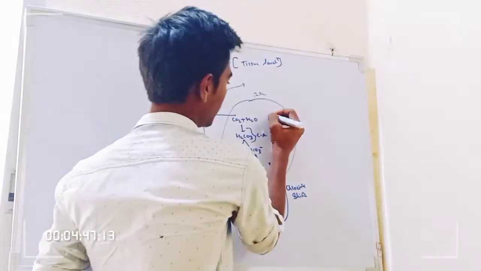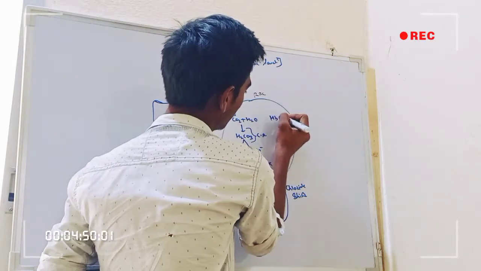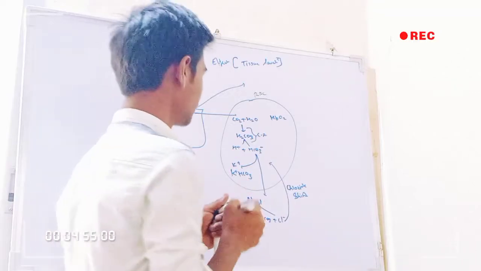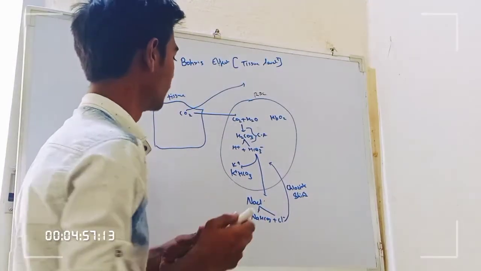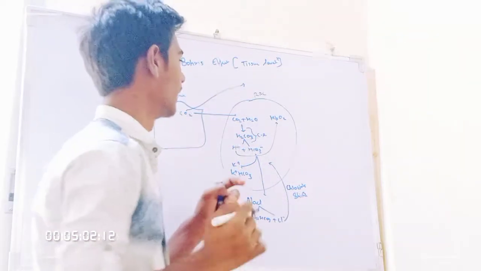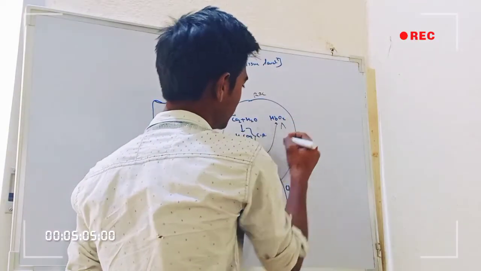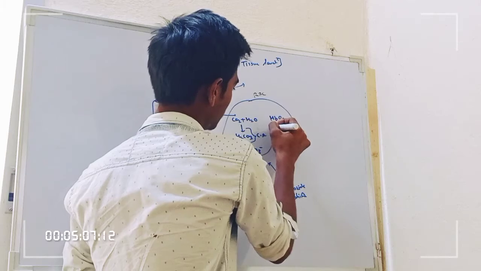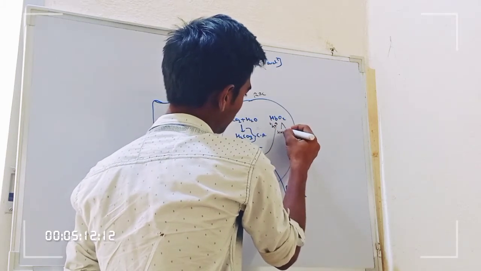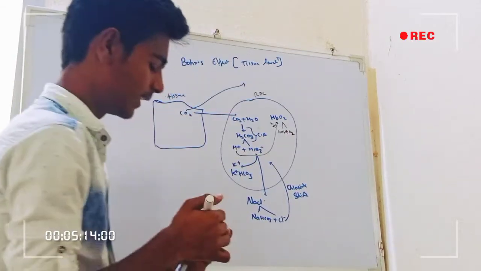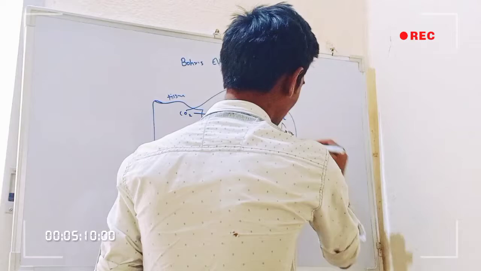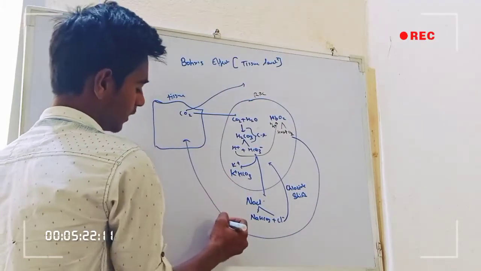Hence it is full of HbO2, that is hemoglobin plus oxygen, or oxyhemoglobin. This H+ goes toward the HbO2, and the oxyhemoglobin dissociates and forms HHb plus O2.